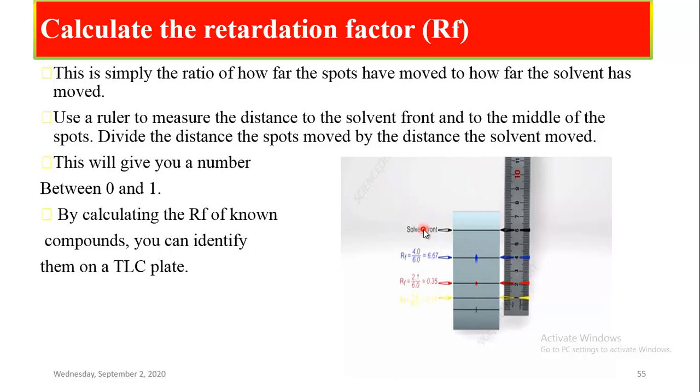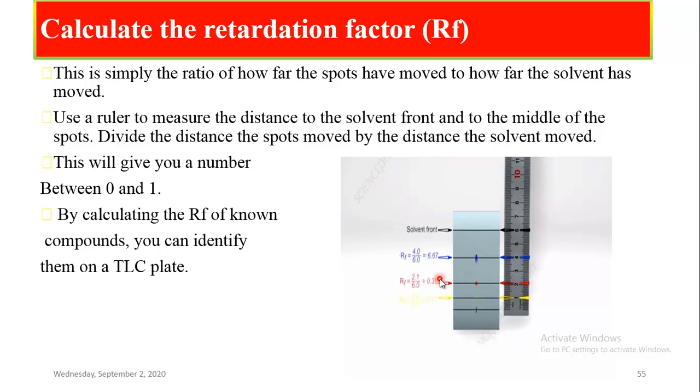As you see, it is 6 centimeters, and the components are at 4 centimeters and 2.1 centimeters. RF means the distance traveled by the component divided by the solvent front, so 4 by 6, here 2.1 by 6. That is called the retardation factor.